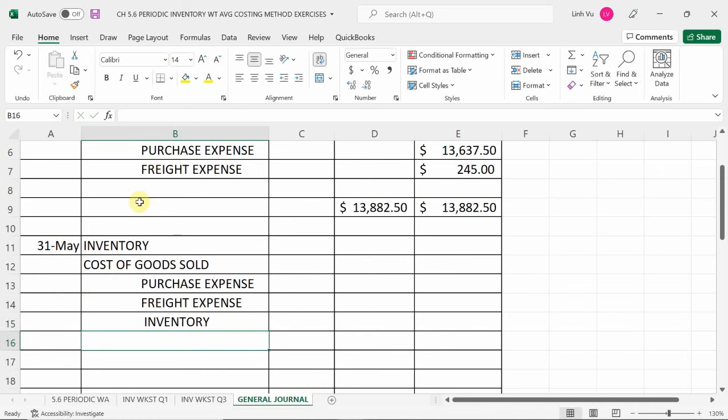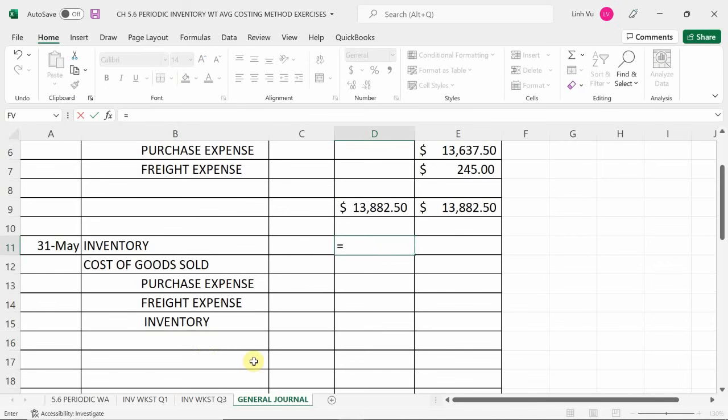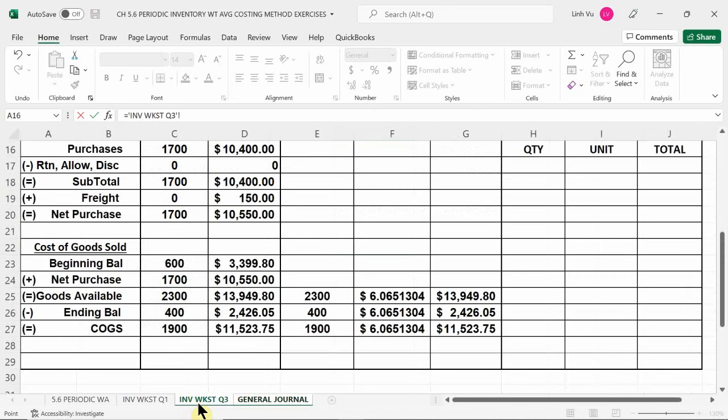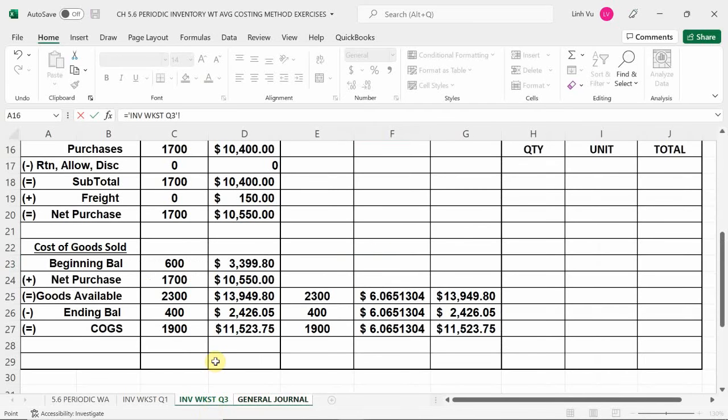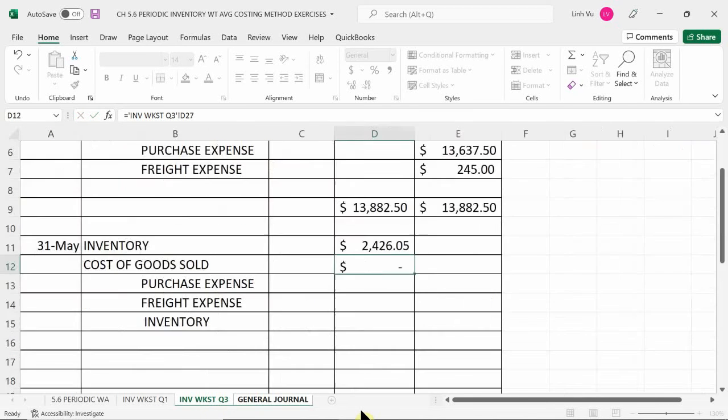Okay. So in this case, what was the total value of my ending inventory? Ending inventory is always going to come first. So what was my ending inventory? 2,426.05. All right. What was my total cost of goods sold? 11,523.75. All right.